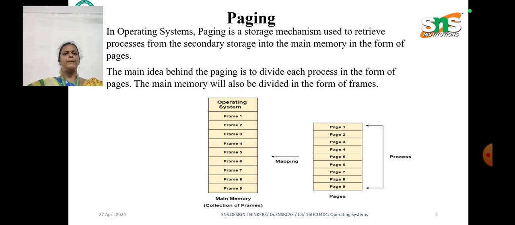Paging. In operating system, paging is a storage mechanism used to retrieve process from secondary storage into main memory in the form of pages. The main idea behind the paging is to divide each process in the form of pages. The main memory will also be divided into form of frames.